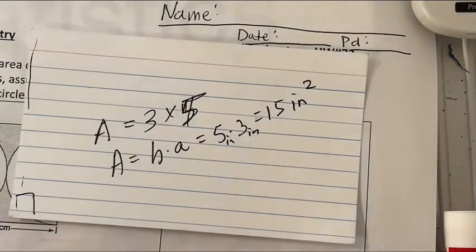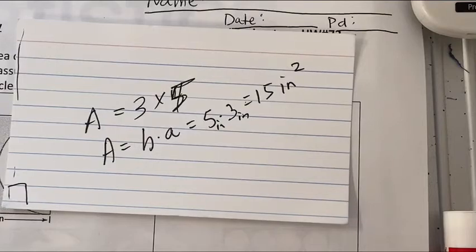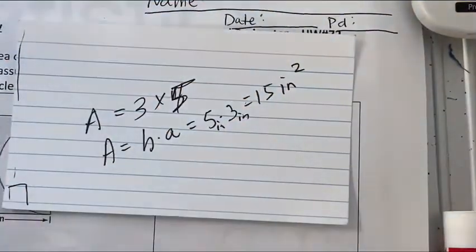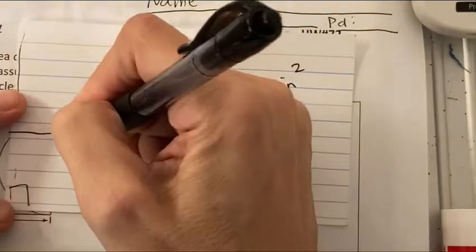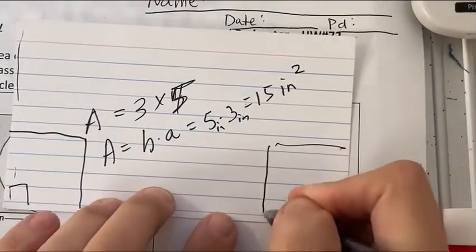Okay, so how could we calculate something of an odd shape? Let's say that a part has been removed. Let's say we cut off a 1x1 square here, and we cut off a 1x1 square here.